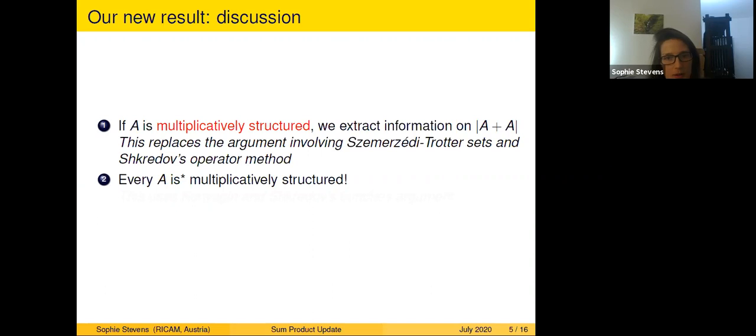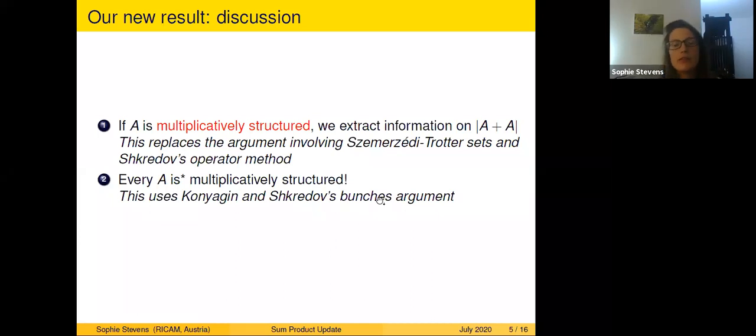This replaces what Shkredov calls sum-ready Trotter sets in many of his works, and it replaces bounds on that. In particular, it replaces the operator method which Shkredov introduced. The operator method itself is a beautiful method relying on linear algebra, and it's lovely, but it's too strong for what we need. And secondly, I said that every A has got a large multiplicatively structured subset.